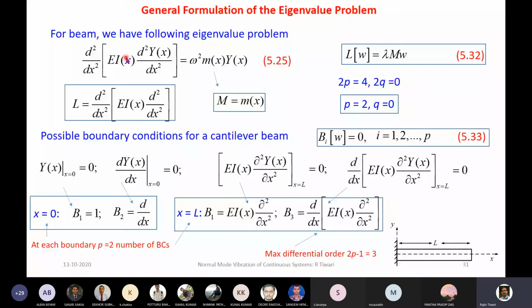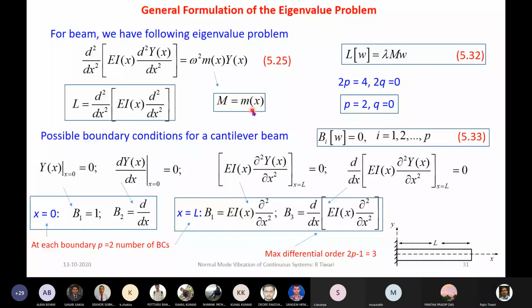So this is the eigenvalue problem for the beam we obtained in the last class. This is a special eigenvalue problem where the M operator is not a differential operator as I defined today, but the L operator is a differential operator. If we compare these two equations, we see that the L operator is a fourth order differentiation, where y and x we have removed. The M operator is only a function of x; it's not a differential operator.